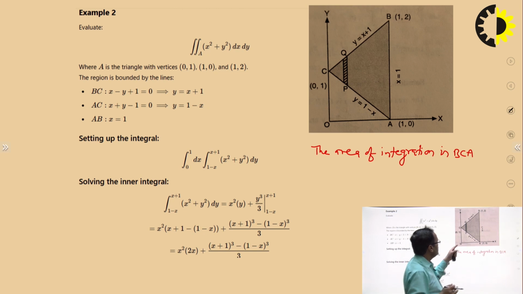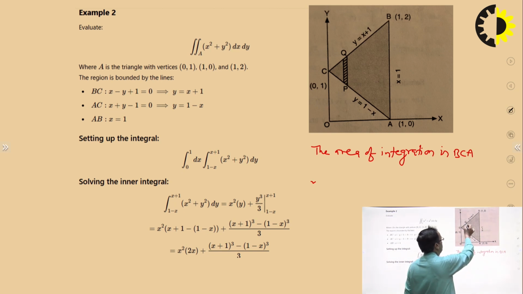Next, the equation of the line also passing through two points: the coordinate of C is (0,1) and the coordinate of A is (1,0). The equation of the line passing through (0,1) and (1,0) is also obtained as y is equal to 1 minus x. The region of integration is BCA.